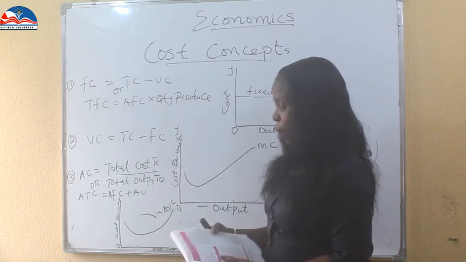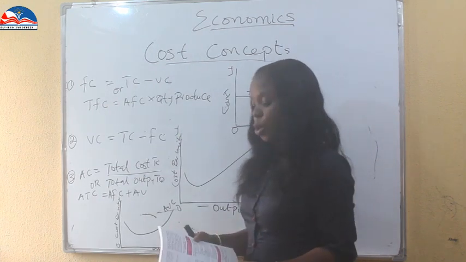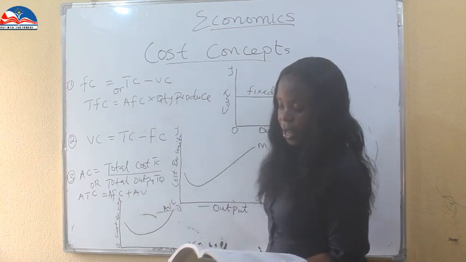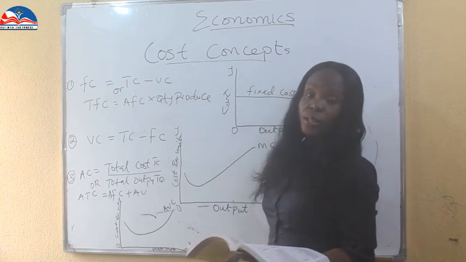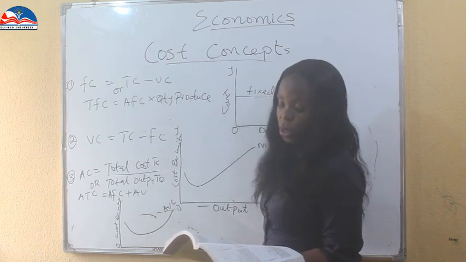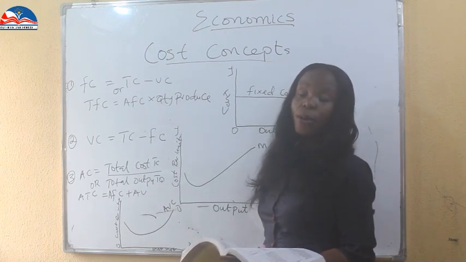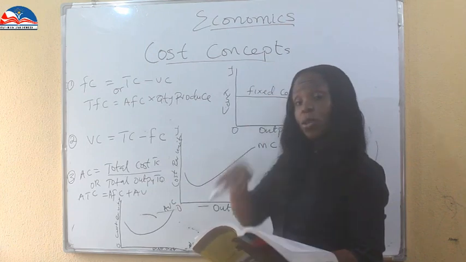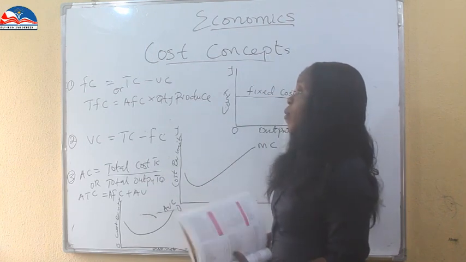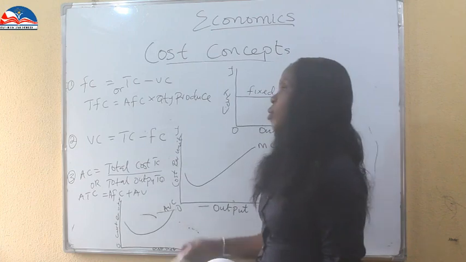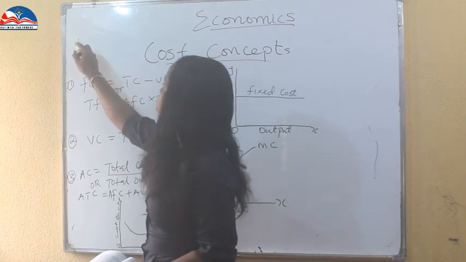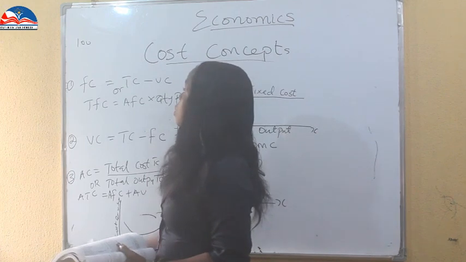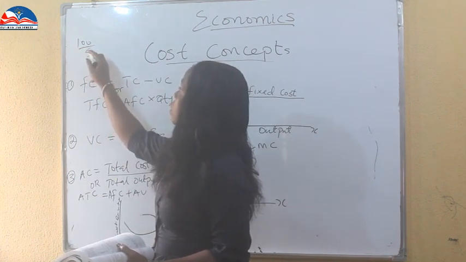Now let's go to average cost. Average cost is gotten by dividing the total cost by the total number of output produced. Let's take for example that the total cost is 100 and the number produced is 50.